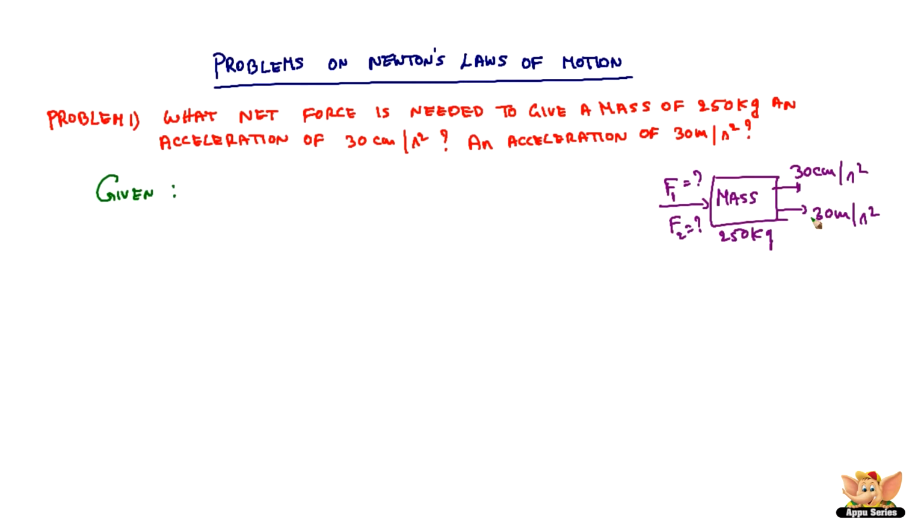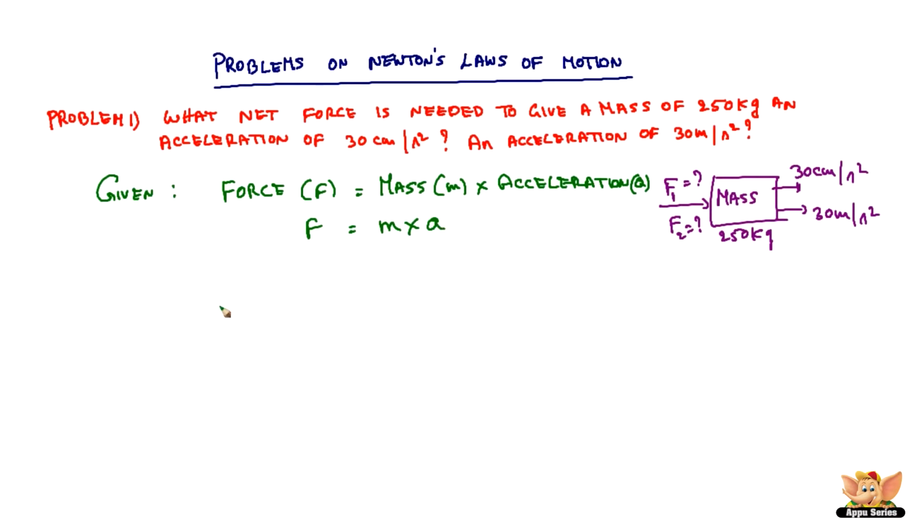mass and acceleration. We know that force, mass and acceleration are related by the equation given by the second law of motion. Force F is equal to mass m into acceleration, means F is equal to m into a.